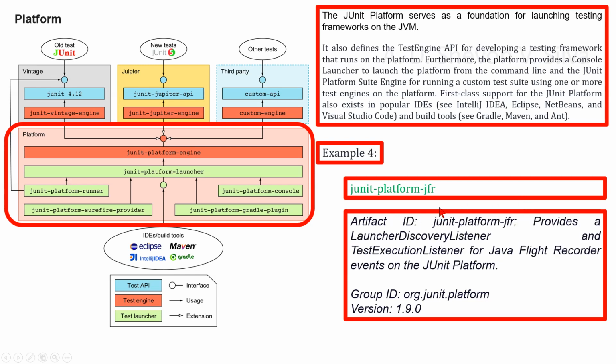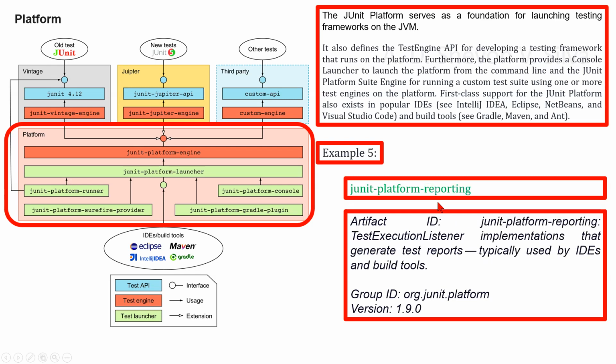As an example 4, we can consider artifact ID JUnit platform JFR. It provides a launcher discovery listener and test execution listener for Java Flight Recorder events on the JUnit platform. This is in the group org.junit.platform. As an example 5, we can consider JUnit platform reporting artifact.